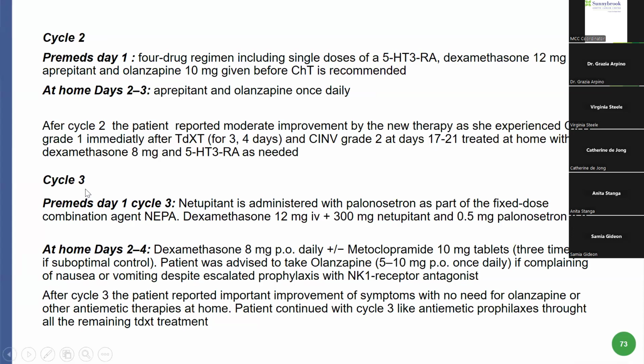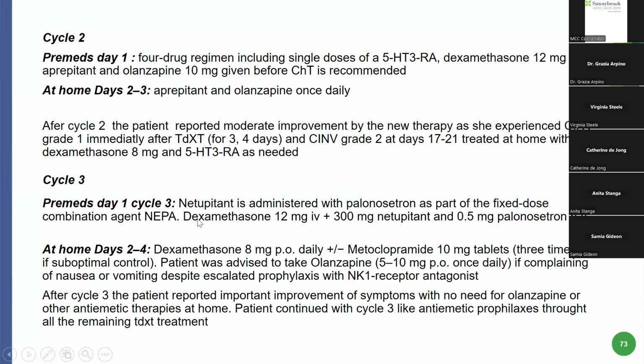So on cycle 2, we increased our treatment by putting olanzapine on board, but still we were not able to get rid completely of the side effects, as she felt a little bit better, but she still had the feeling of nausea.